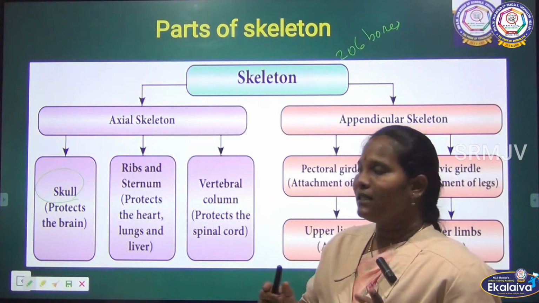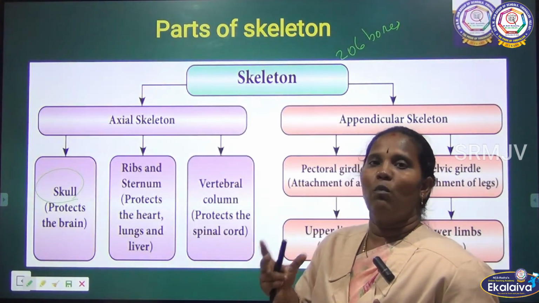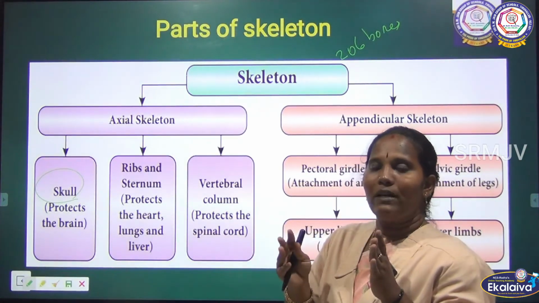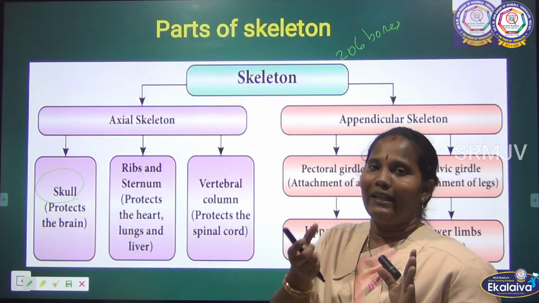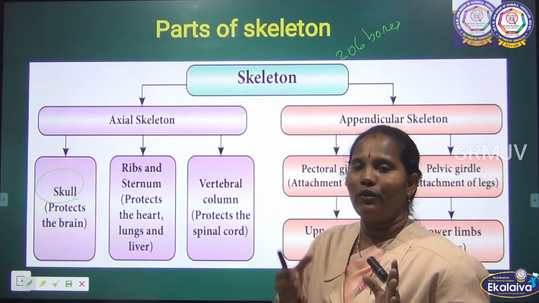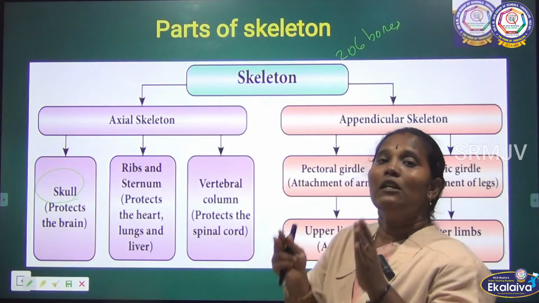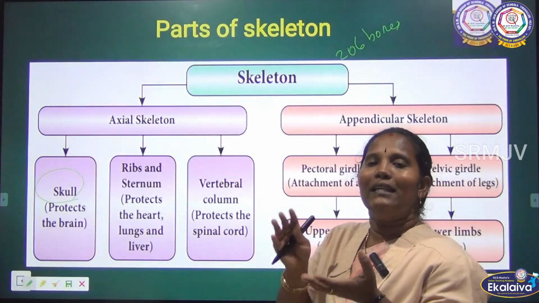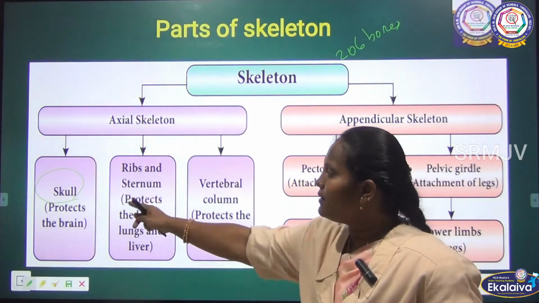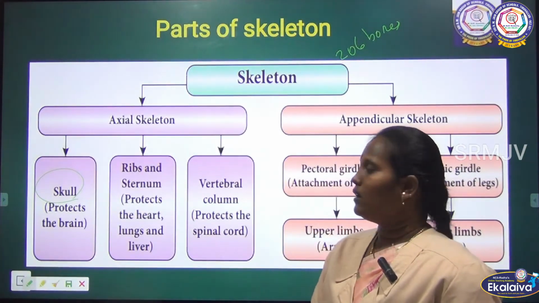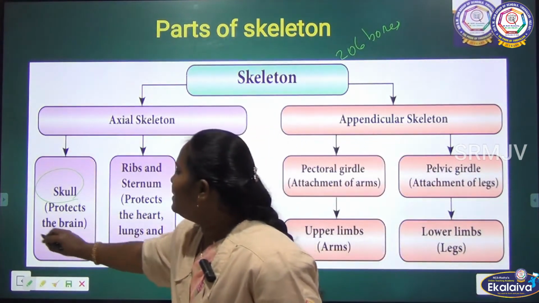The skull is made up of small bones because the brain is a very sensitive, soft organ. The brain is closely covered and safely protected with the help of the skull.